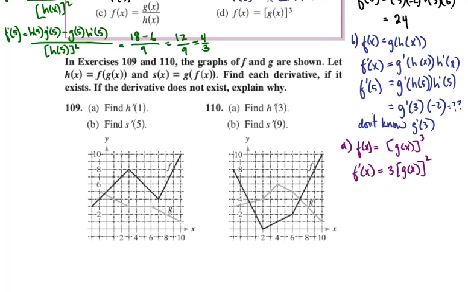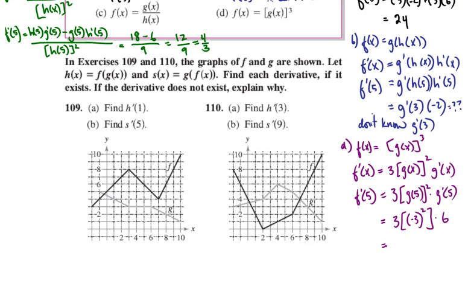And f prime of 5 would be 3 times g of 5 quantity squared times g prime of 5. And g of 5 is -3, and g prime of 5 is 6. -3 squared is 9, 3 times 9 is 27, times 6, for a final value of 162.